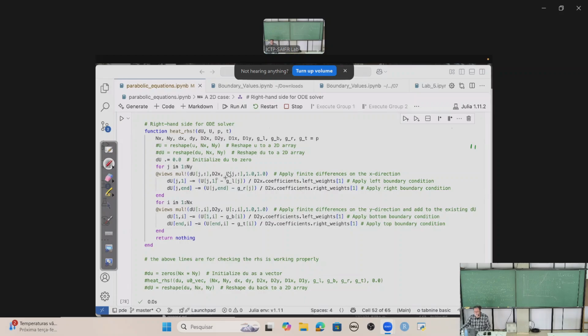First you put the du equal to 0. So there is nothing here. This du is the derivative, the evaluation of the right hand side. So you put a 0 here, then you multiply this for every j in the y direction, 1 and n. For this you do the multiplication, this operator by this vector.